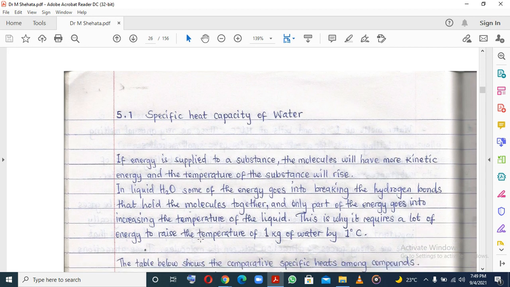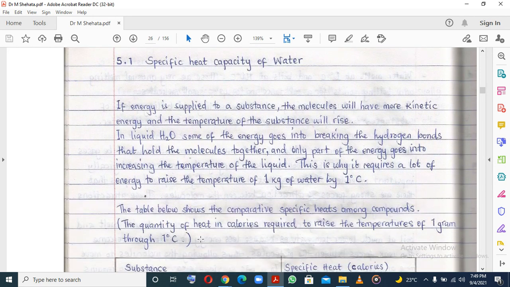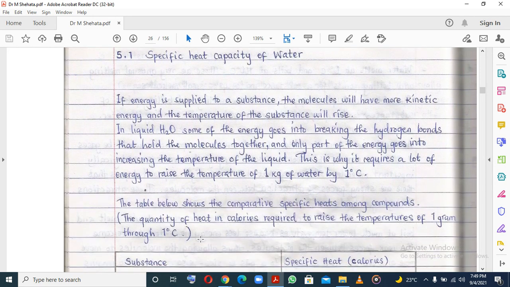Okay, so again, maybe you're wondering what's the reason. Again, hydrogen bonding. So when energy is supplied to a substance, right? So let's say you are trying to heat water or any particular substance, you're going to give those molecules kinetic energy.